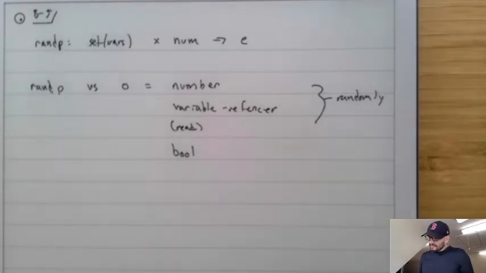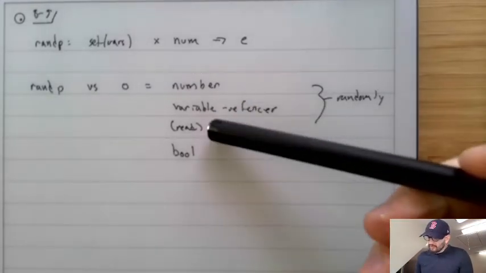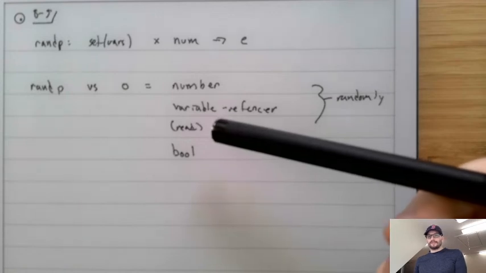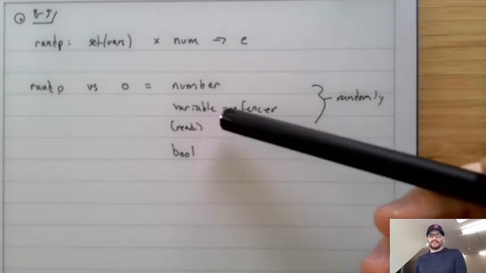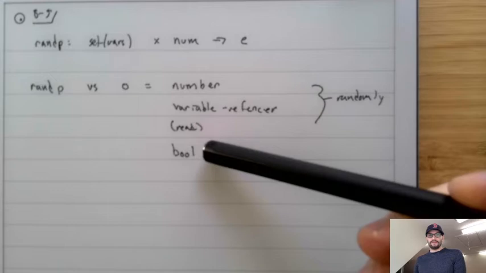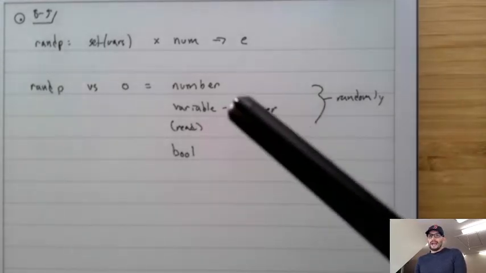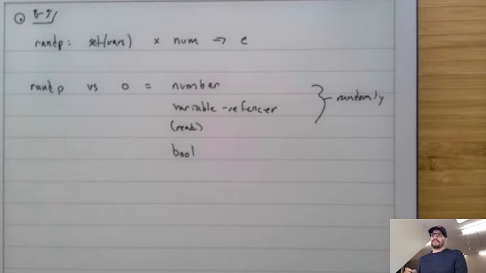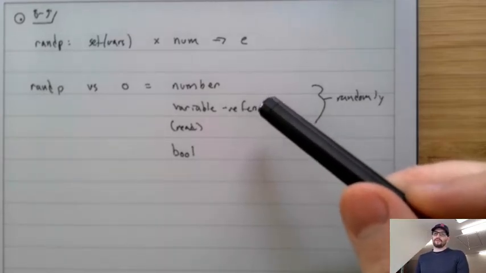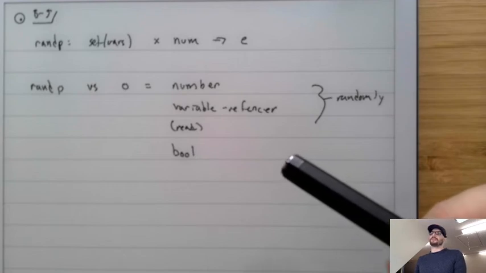Now, the one on the left, if it generates a number or a read, then it's going to type check. So let's say that half of the time it's going to type check. But if it generates a bool, it will fail. And if it generates a variable reference, it will generate an error whenever that variable refers to a boolean. So let's say that half of the variables refer to booleans and half of them refer to numbers.